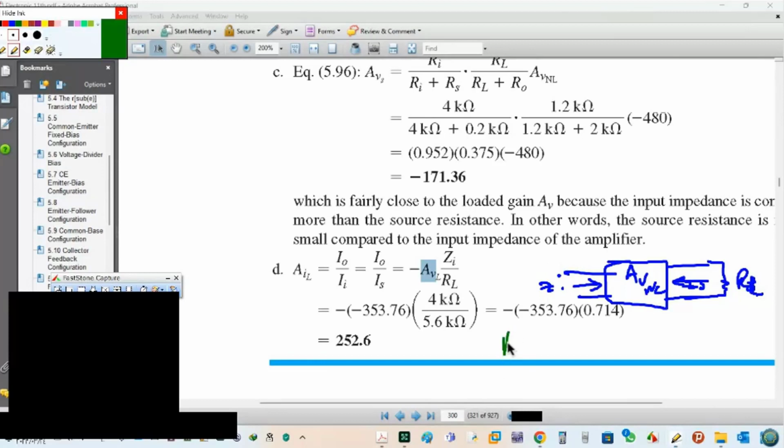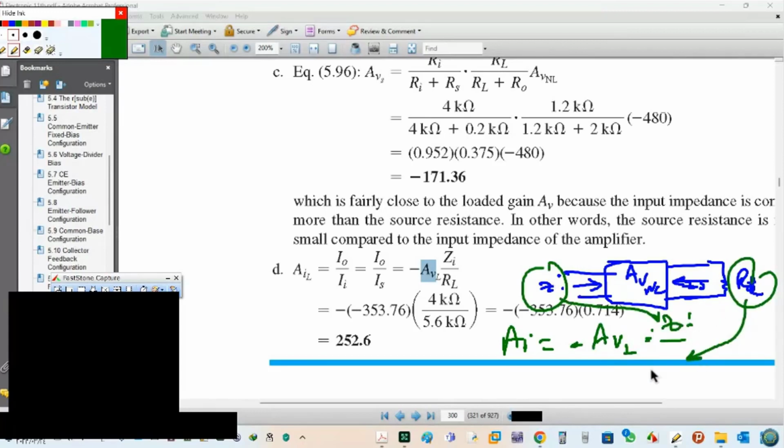AI here is minus AV load multiplied by this over this. Input over output. Minus AV load multiplied by input resistance over output resistance. Clear, repeat.